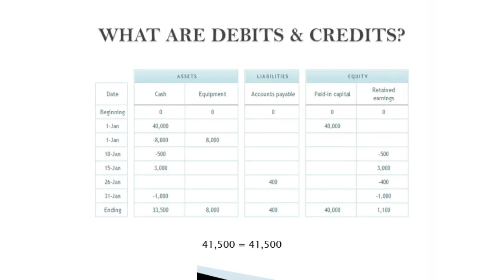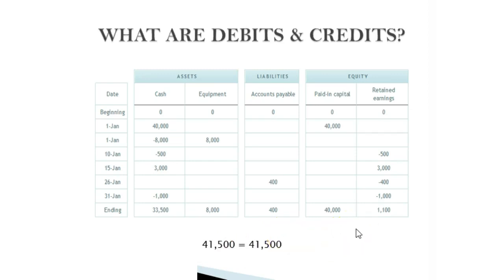After we have entered all of our transactions and we look at our ending balances, if we add 33,500 plus 8,000, it equals 41,500. It should equal the right side of the equation. Our 400, 40,000, and 1,100 equals 41,500. So we are in balance. Our assets equals liabilities plus owner's equity.